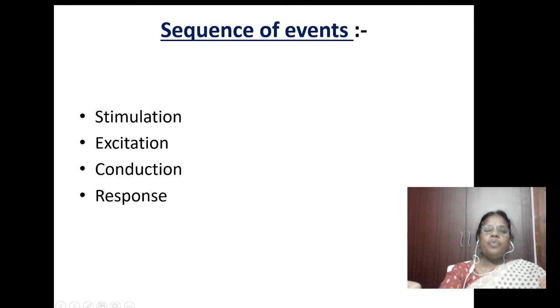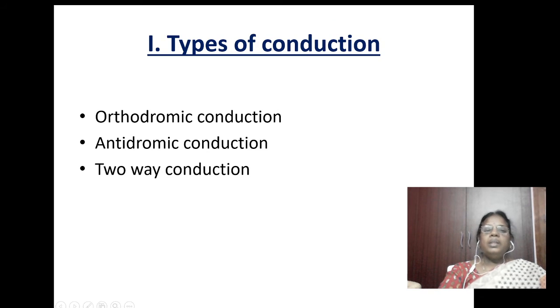Next, sequence of events. There are 4 different kinds of events that take place during conduction. One is stimulation, the second is excitation, the third is conduction, then response. There are 3 different kinds of conduction: orthodromic, antidromic, and two-way conduction.